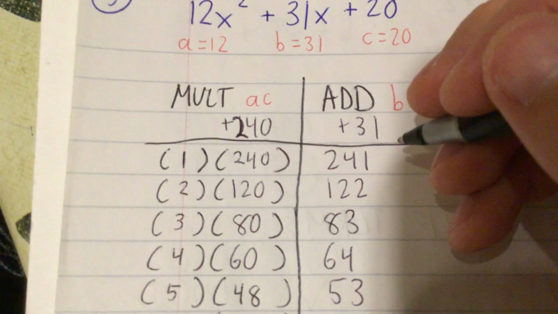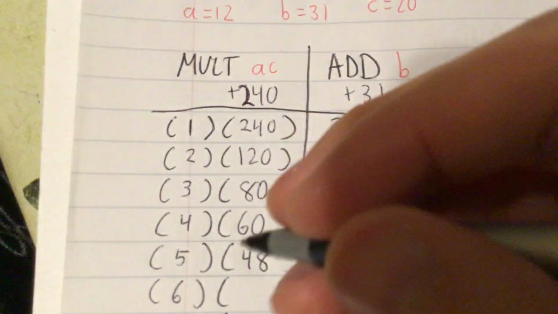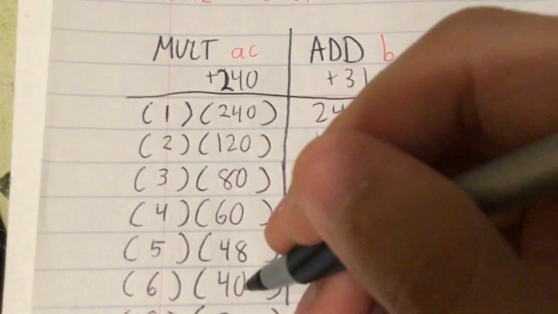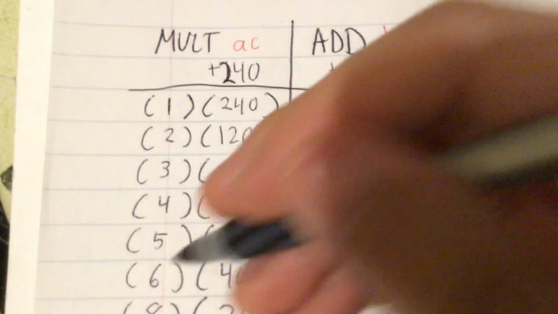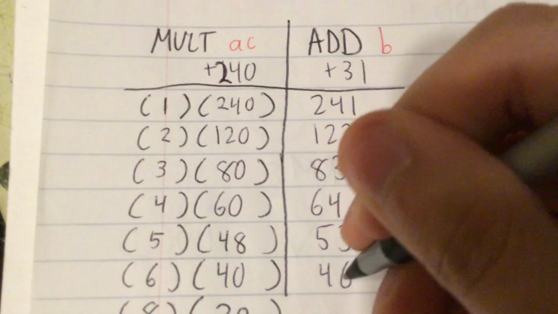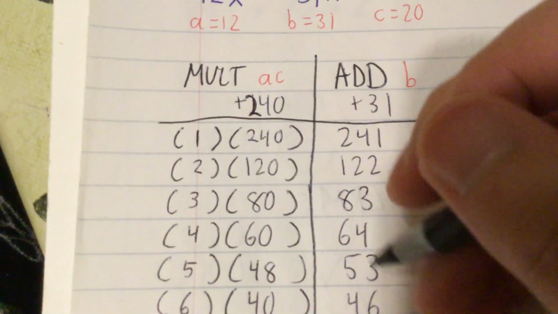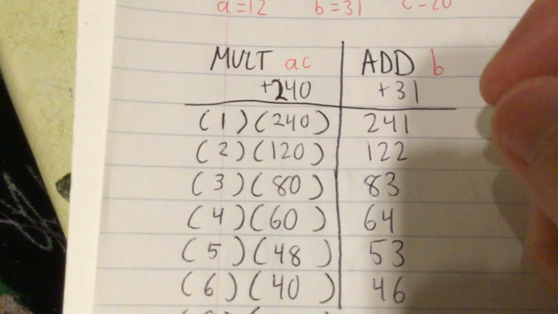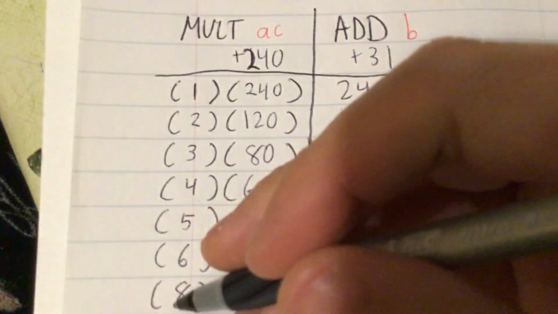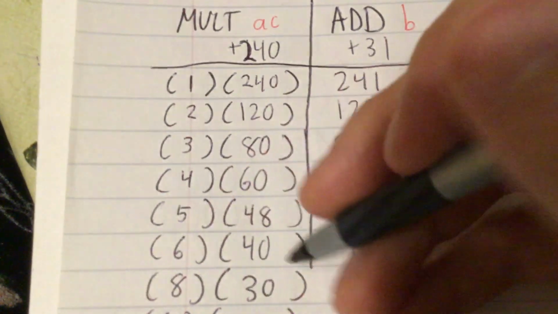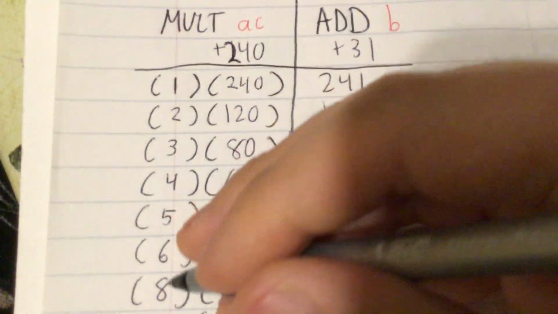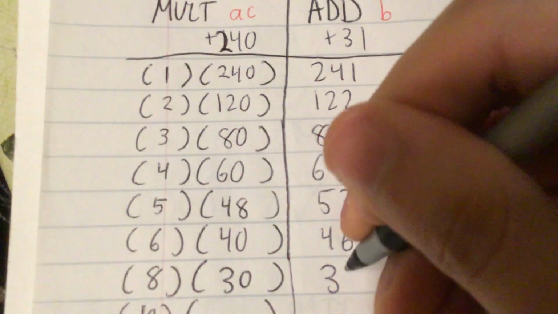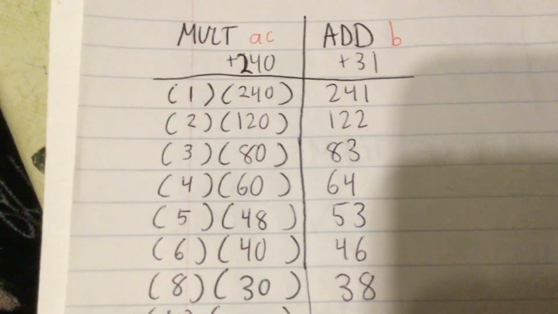Closer to 31 I go. 6 goes into 240 40 times. 6 times 40 is 240. 6 plus 40 is 46. 240 divided by 7 got me a decimal, so forget about it. But 240 divided by 8 is 30. So 8 times 30 is 240. 8 plus 30 is 38. Closer to 31 we go.